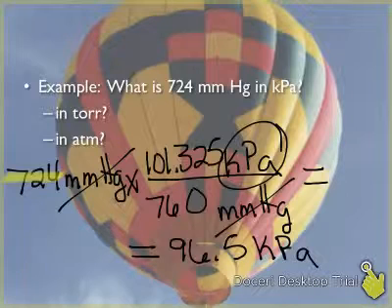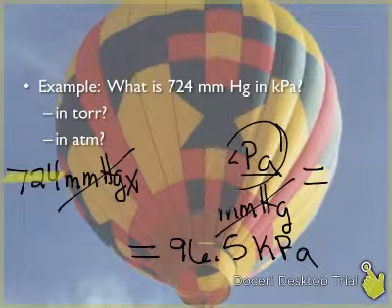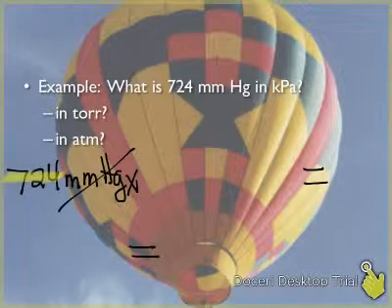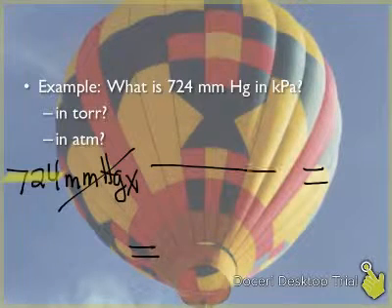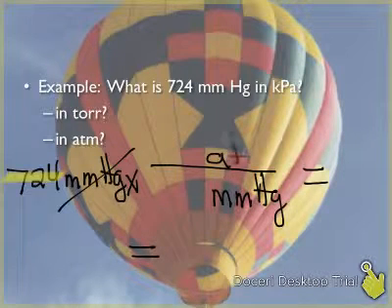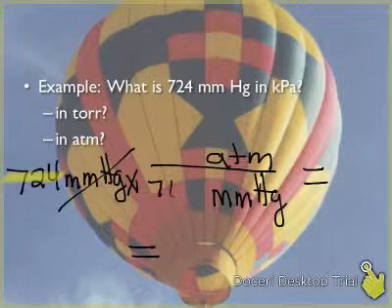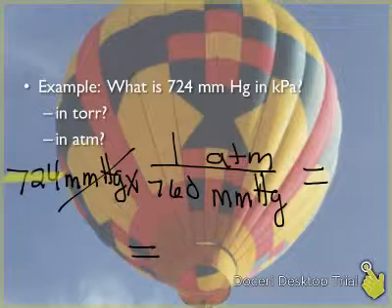Okay, let's do atmospheres now. I'm not going to erase everything because I'm starting at the same point, right? So we need a new conversion factor. We need one that has millimeters of mercury on the bottom. We need one with atmospheres on the top. Does anyone remember the conversion factor? 760, 1 atmosphere, right?